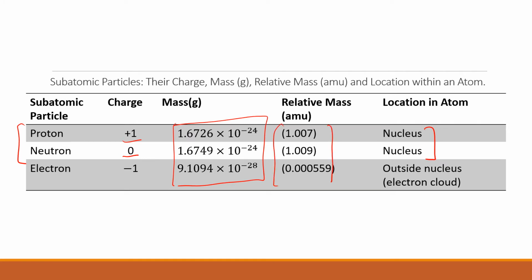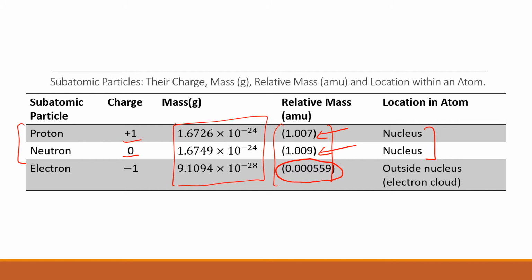The only thing you need to memorize is that the mass of a proton and the mass of a neutron are almost the same, and the mass of an electron is extremely small as compared to protons and neutrons. In fact, an electron is more than 1,000 times lighter than protons and neutrons.